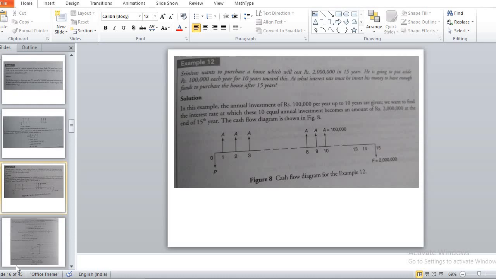So the decision of investment in terms of that amount and period depends on the interest rate. We have to find that interest rate from the given principal value, the future value, and the time period.